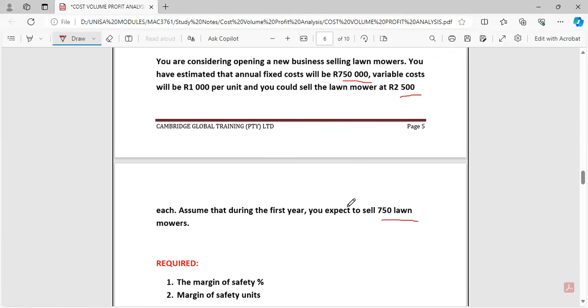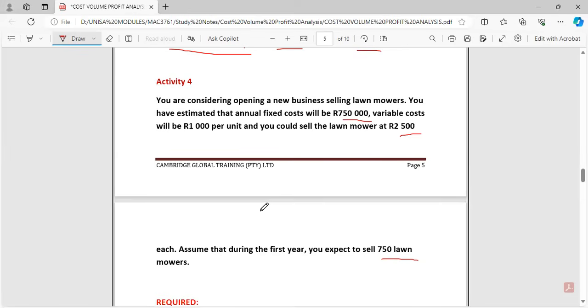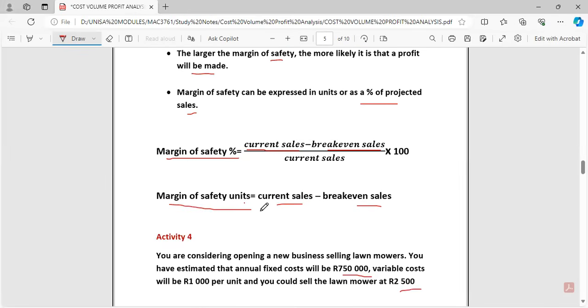These are now going to be your expected sales. So you are required to calculate the margin of safety percentage and the margin of safety units. So you just need to come back to the formula.